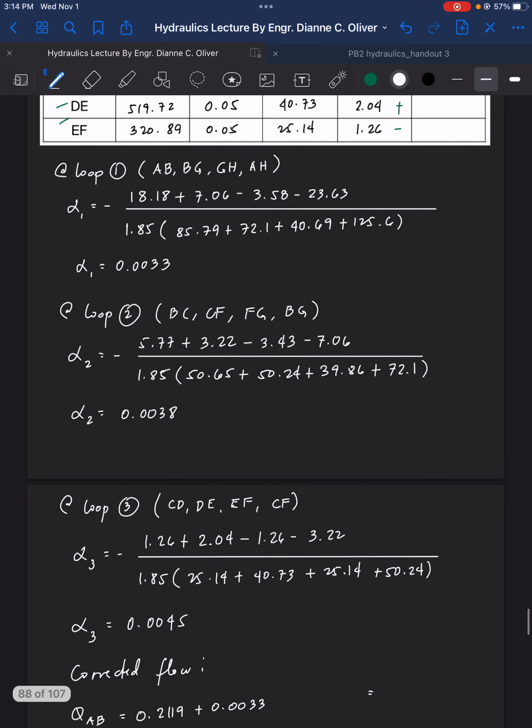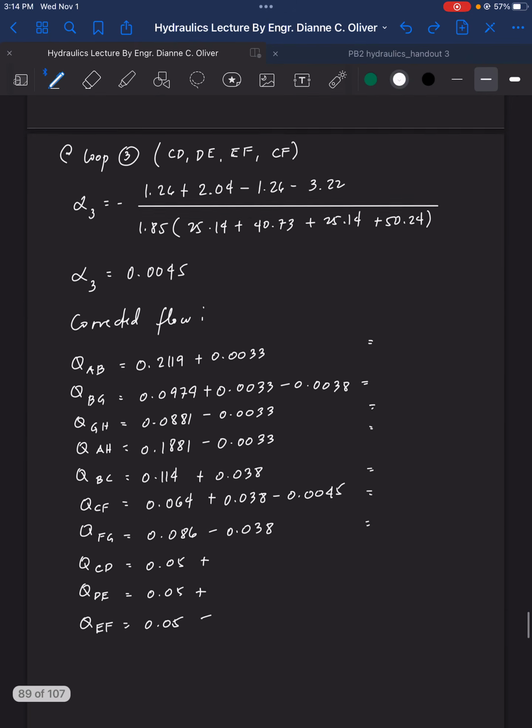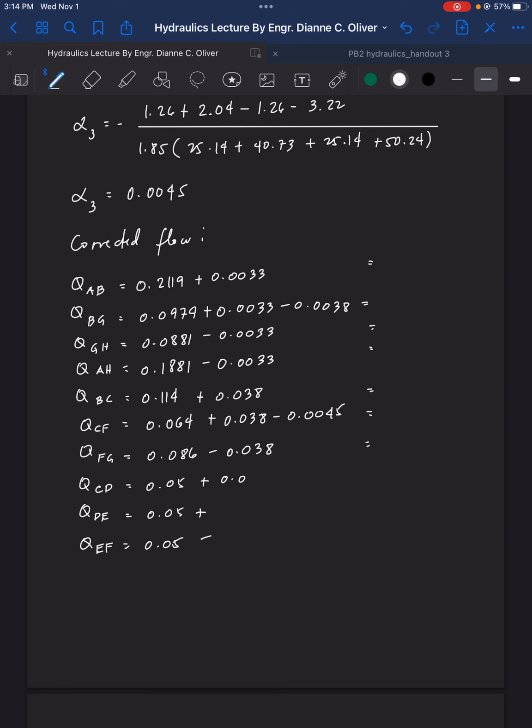For loop number 3, positive CD, positive DE, negative for EF, and then negative for CF. So positive, positive, negative, negative. And the correction is 0.0045.